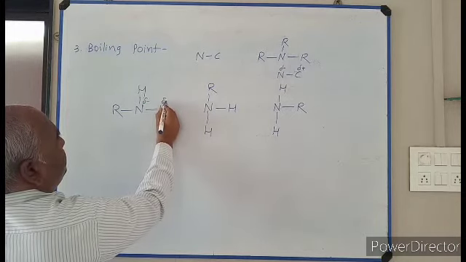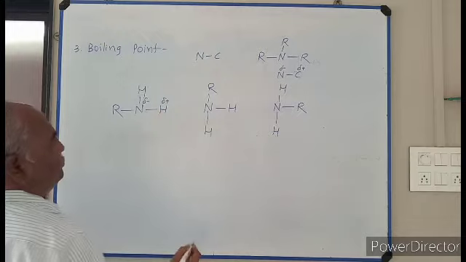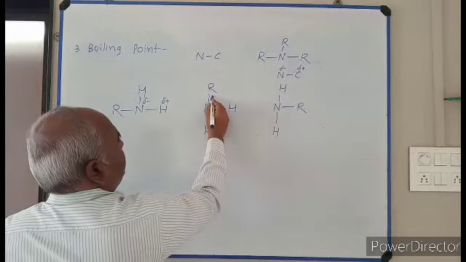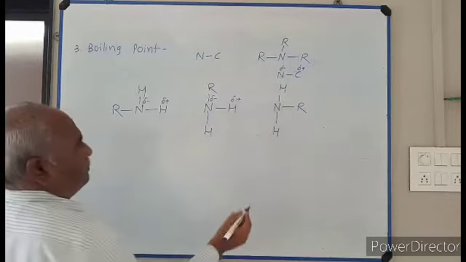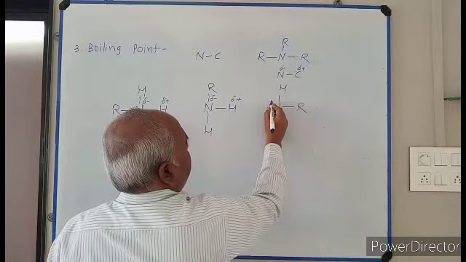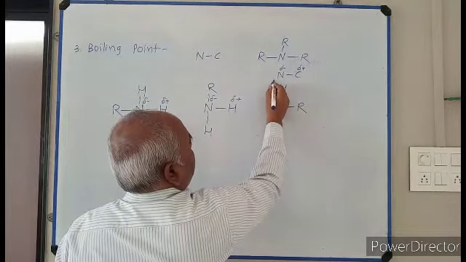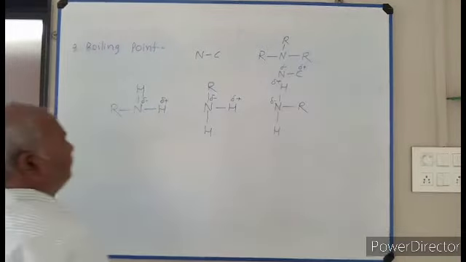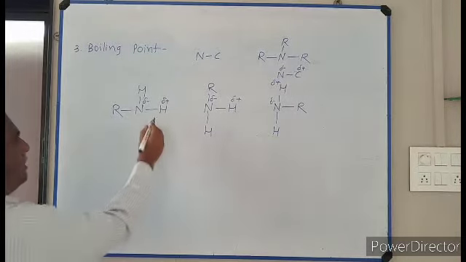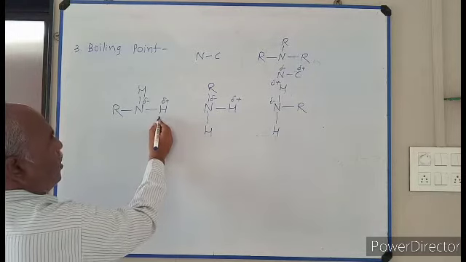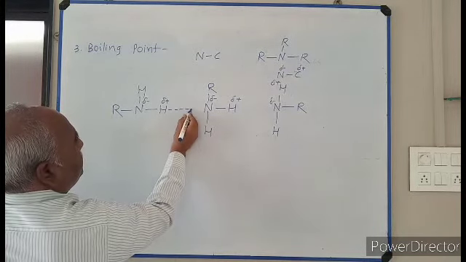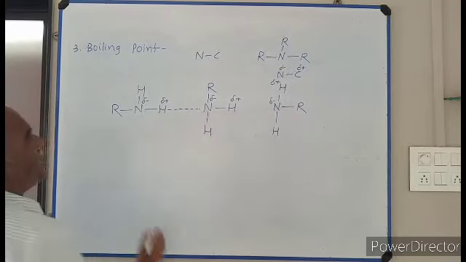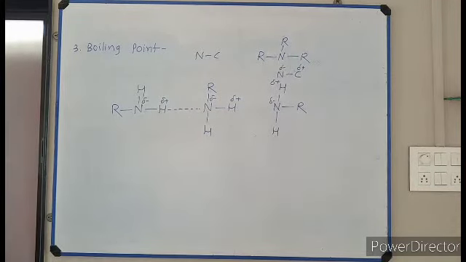Hydrogen acquires delta positive charge. The positively charged hydrogen of one amine molecule attracts the negatively charged nitrogen of another amine molecule.